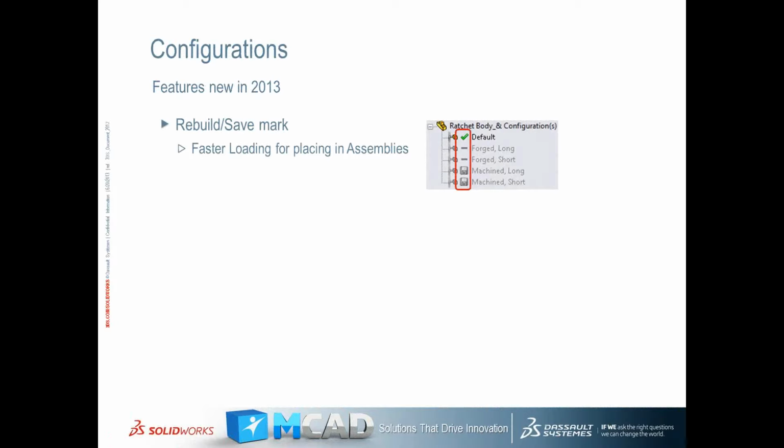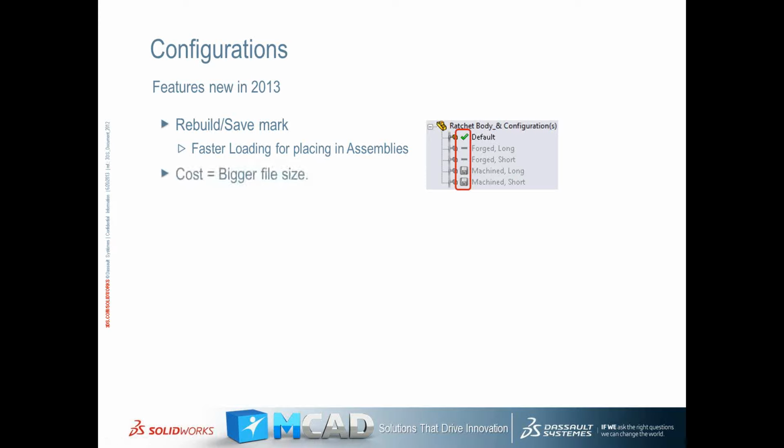And really what that's going to allow you to do is open those components faster when you're placing them in an assembly. So if you've got a part that's got multiple configurations, you can add this little icon here so that it saves it to the component. So that whenever I need to bring that into the assembly, I choose the configuration and I don't have to wait for it to rebuild before it places it into my assembly.